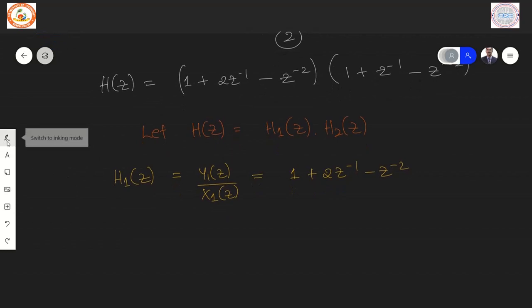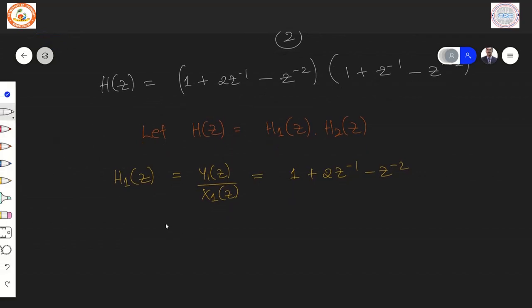Next, let us cross multiply and take the inverse Z transform.